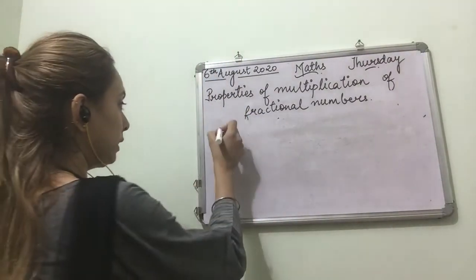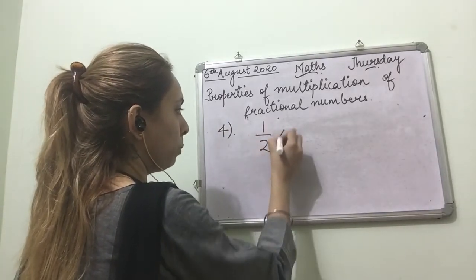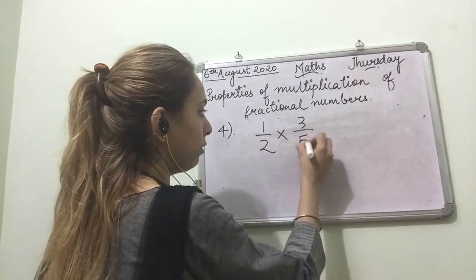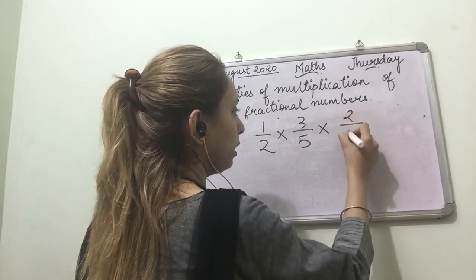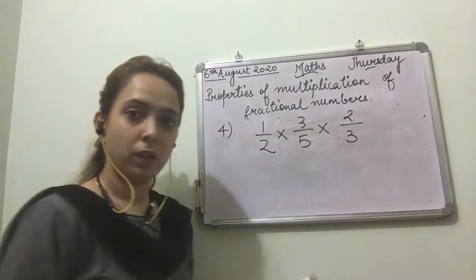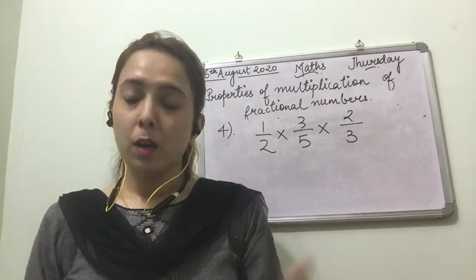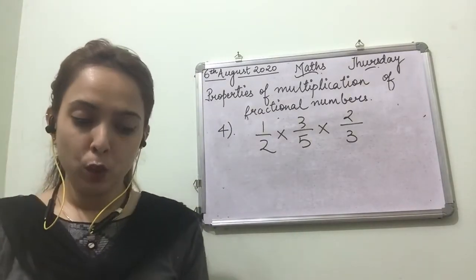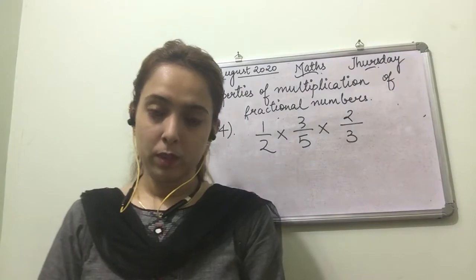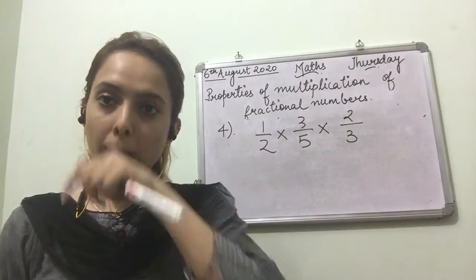The fourth property says that suppose the fractions are 1 by 2 multiplied by 3 by 5, and the last is 2 by 3. So while multiplying more than two fractions, they can be grouped in any order. You will get the same answer.